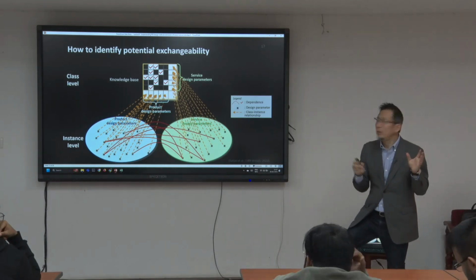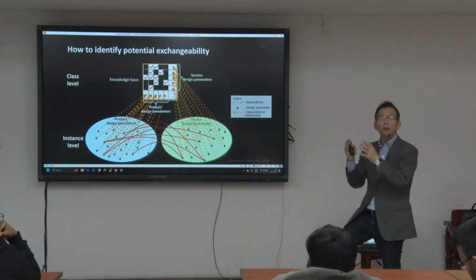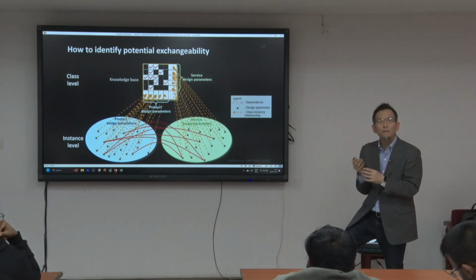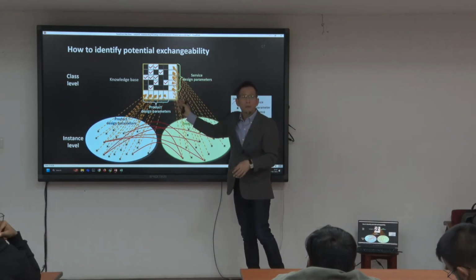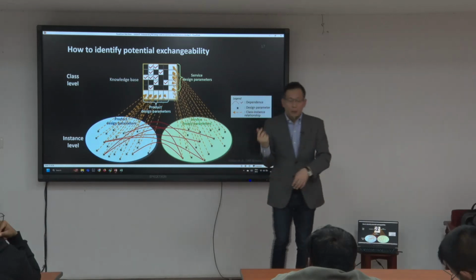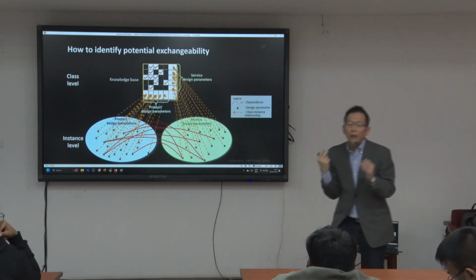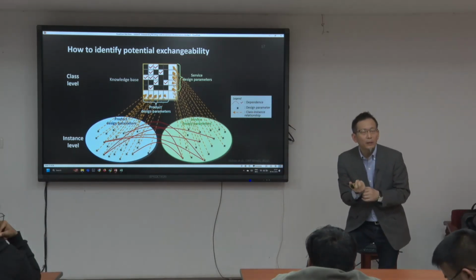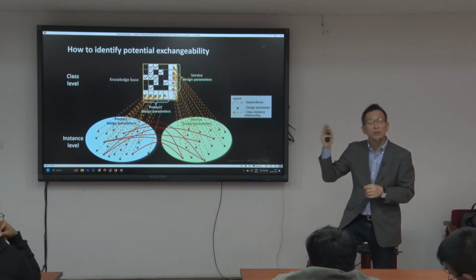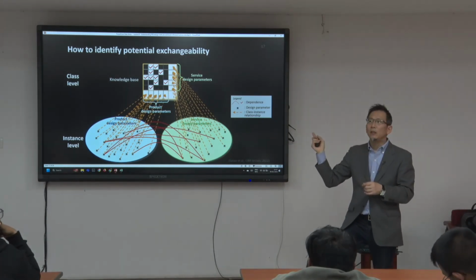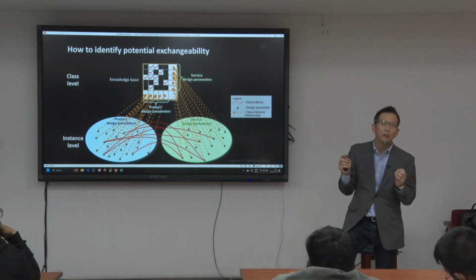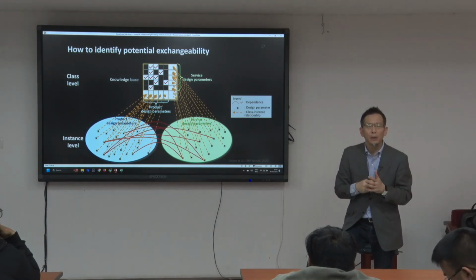Now you can decrease significantly the number of parameters you can think of, because I exemplified earlier the service design parameter classes. Okay? In that particular slide, there were only 7 or so. Okay?